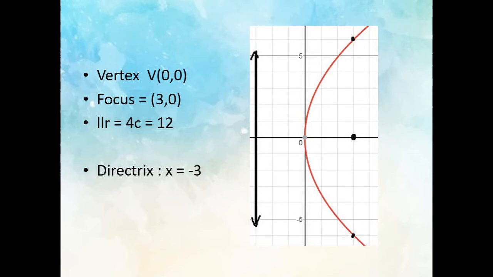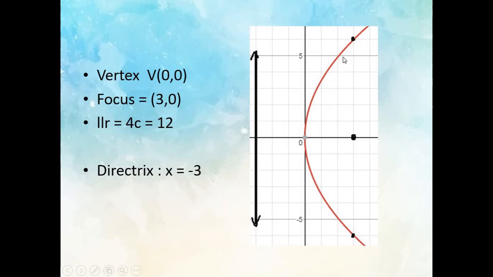Now, here is the graph of the parabola. To graph this, first plot the vertex at (0, 0), then plot the focus at (3, 0) and the directrix at x = −3. Then, as you have noticed, the length of latus rectum is 12.